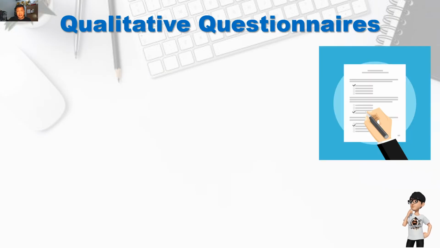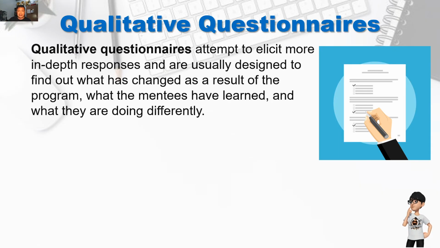Qualitative questionnaires. Usually kasi kapag yung questionnaire, meron siyang choices, may scale na ginamit, kagaya ng Likert scale, may option dyan, may range, may interpretation. This type of questionnaire will fall under quantitative research. Ano namang klase itong qualitative questionnaire pag sinasabi natin?